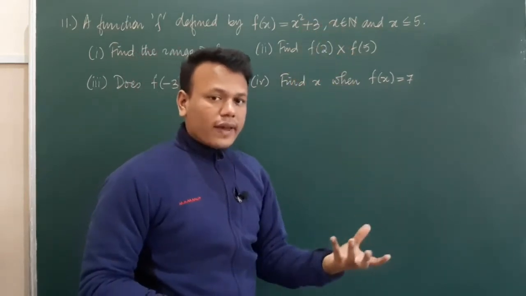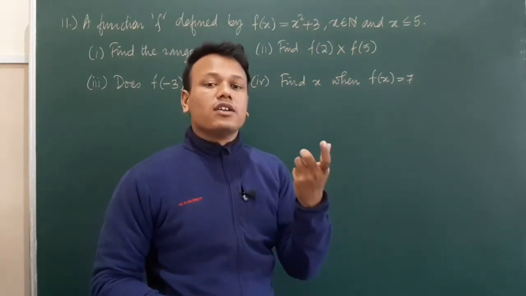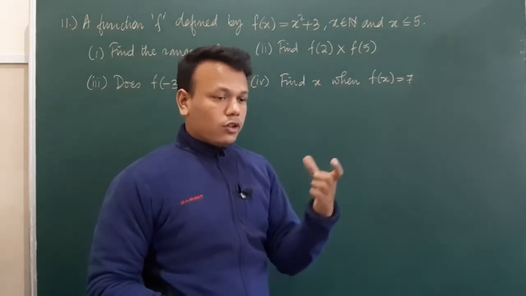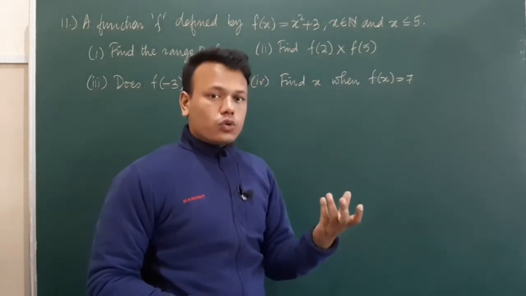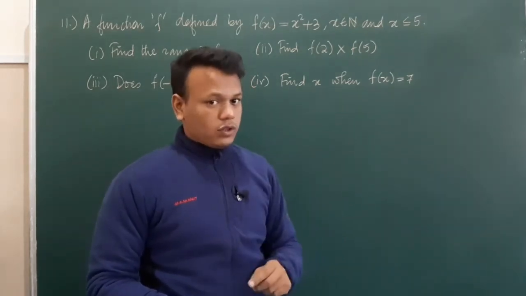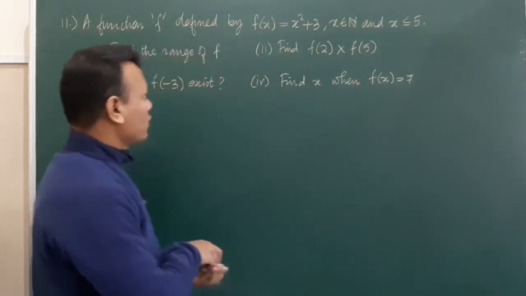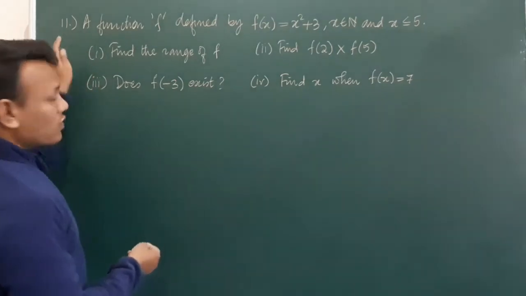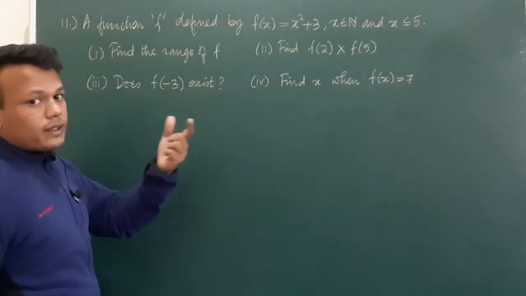The values of x give me the domain, remember, and the values of y, that is f(x), give me the range. This question is similar to question number 10, you will try 10 by yourself.